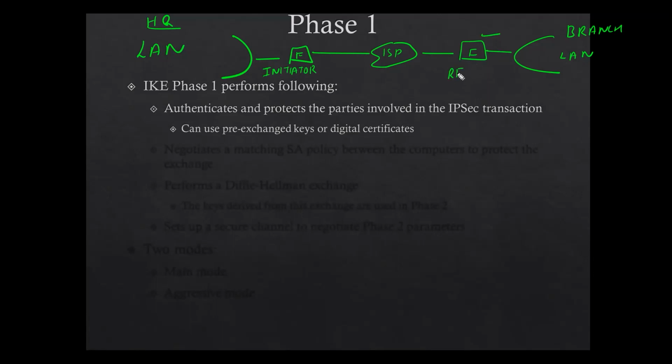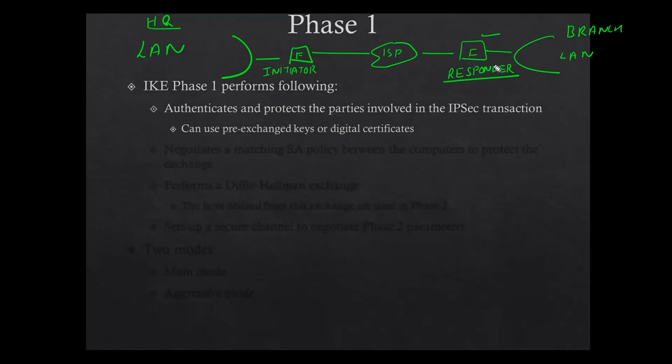Whenever somebody responds, what do you call it? Responder. So initiator and responder, just remember these two words, because when it comes to VPN, these two words are used a lot of the time. The initiator is the one who always initiates the traffic. The responder is the one who responds to the traffic or the data or the VPN tunnel.